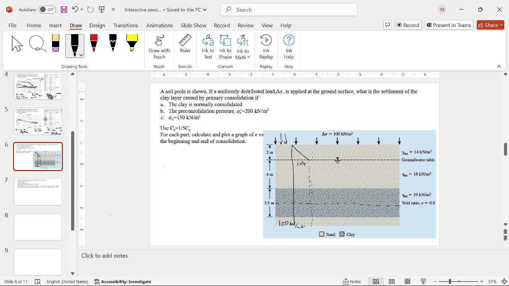Okay, and then up till here gamma saturated is 18, so let us take gamma W as 10, and we will have gamma submerged as 8 kilonewton per meter cube. So we will have 4 into 8.